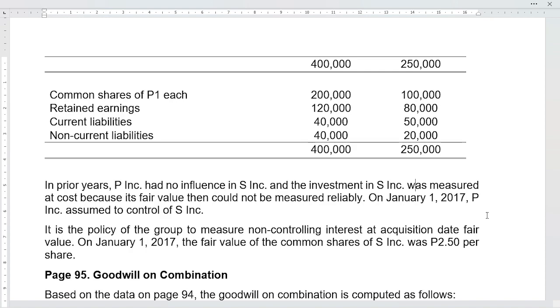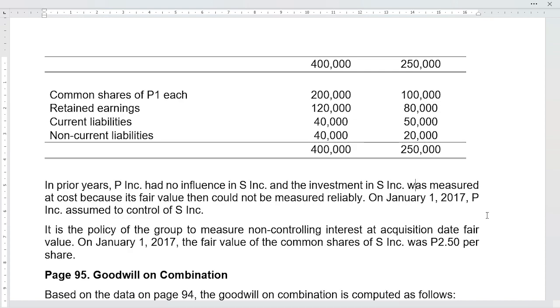The fair value of the common shares of S, 2 pesos and 50 centavos per share. Ilan ba yung common shares ni S? Di ba 100,000? Ayun, nasa taas. 100,000 at 1 peso. Common shares of 1 peso each ni S. Kung 1 peso, edi 100,000 shares.